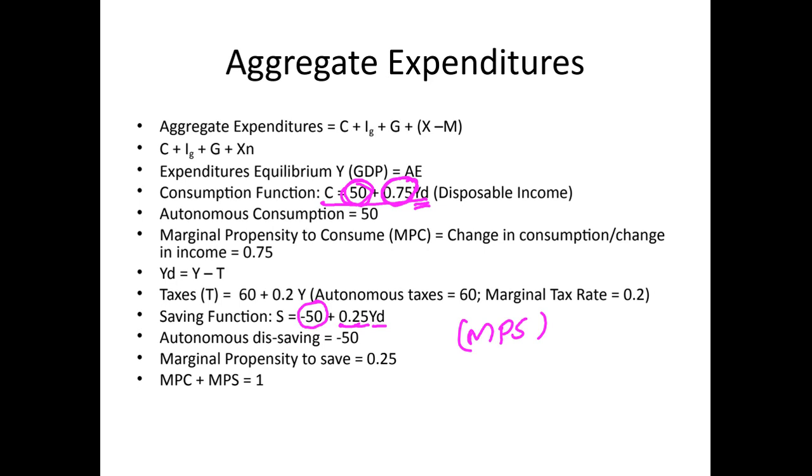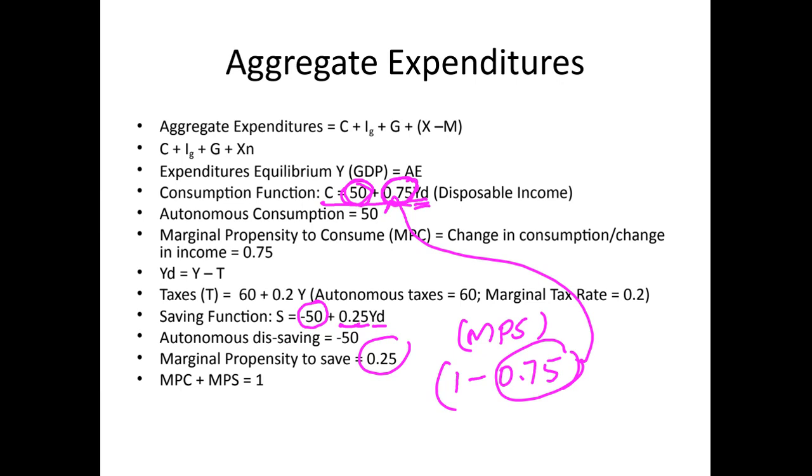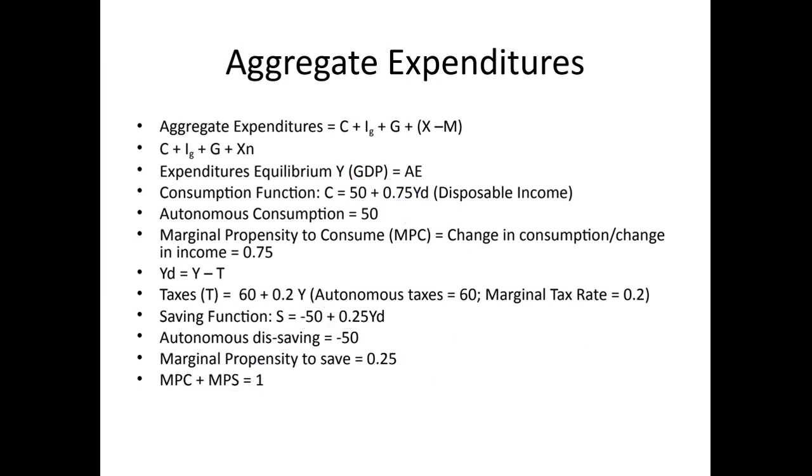I've calculated this 0.25 by using the formula 1 minus 0.75. What is 0.75? It is actually taken from here, the marginal propensity to consume, MPC. So I've calculated MPS as 1 minus MPC. If this is the rule, then MPC plus MPS must always be equal to 1. This is a simple derivation, so I don't have to show you, but let me show it.